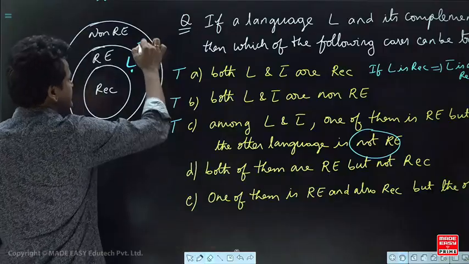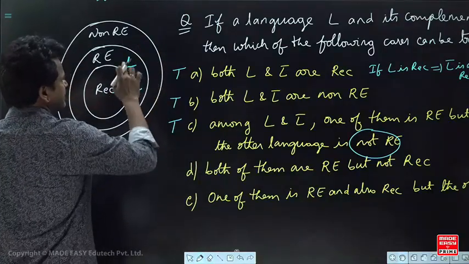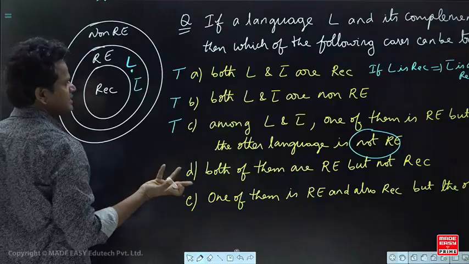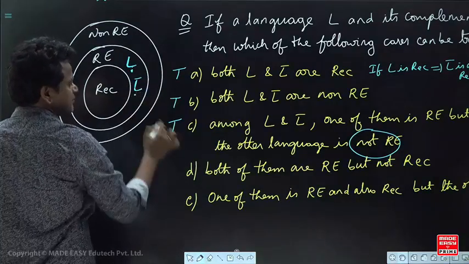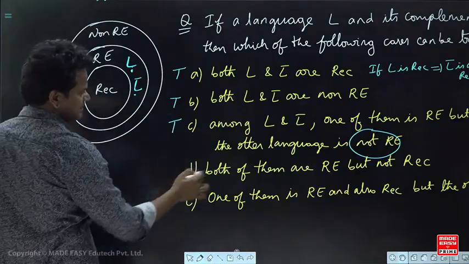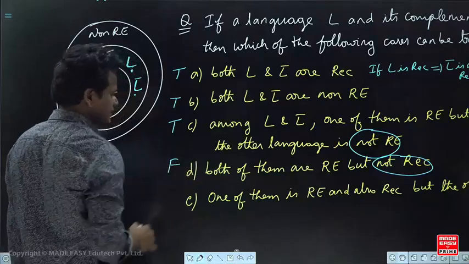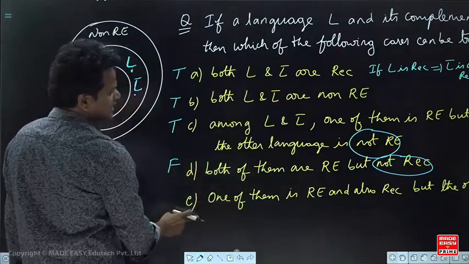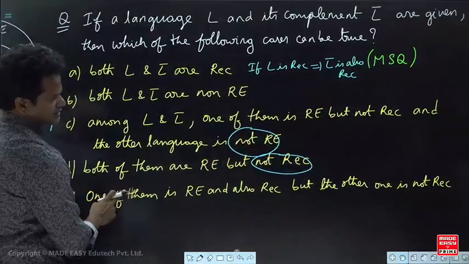Already I told you, if a language L and its complement L bar both are RE, then both of them must be REC. But it is given that they are not REC. False.